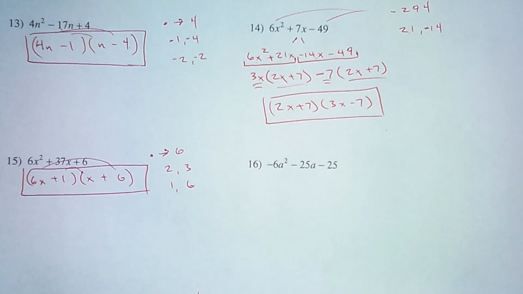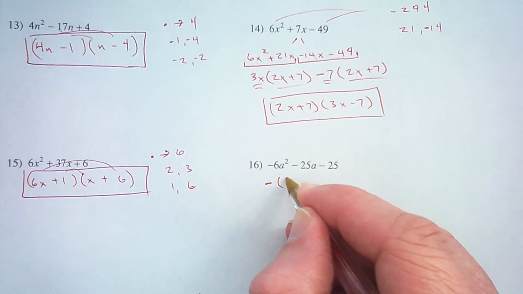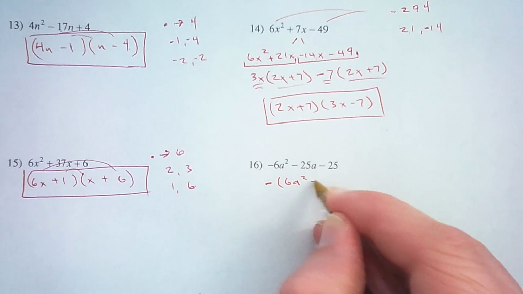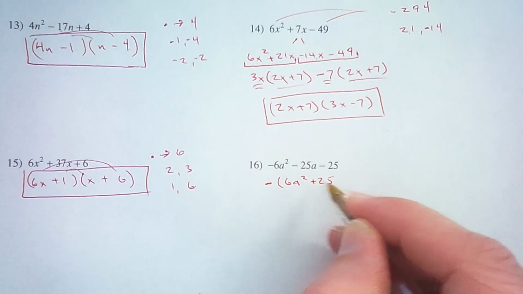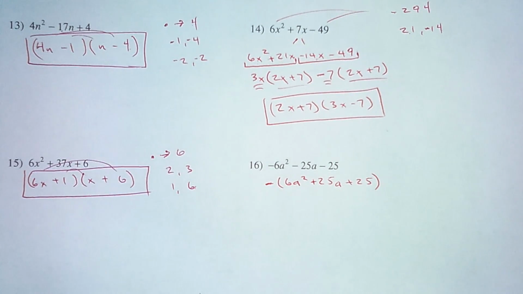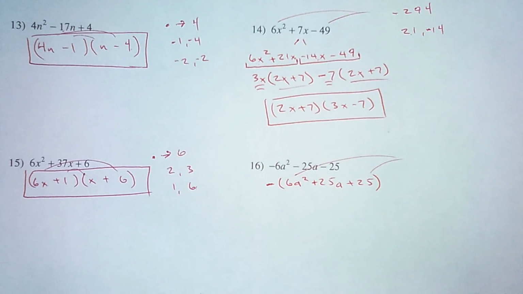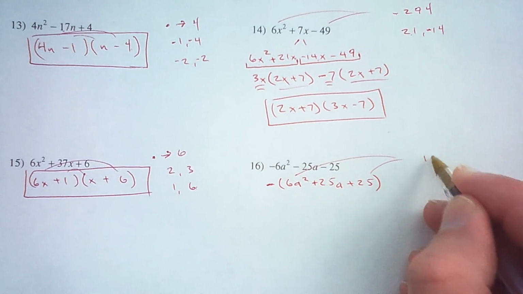Now, anytime we factor a trinomial, the first thing we should look for is a GCF, a greatest common factor. The last two we did not have a greatest common factor other than 1, but this one does. It has negative 1. I'm going to factor out that negative, so I have negative 6a squared minus 25a plus 25. So I have factored out the negative. Now, I'll multiply these. 6 times 25, that's 150.